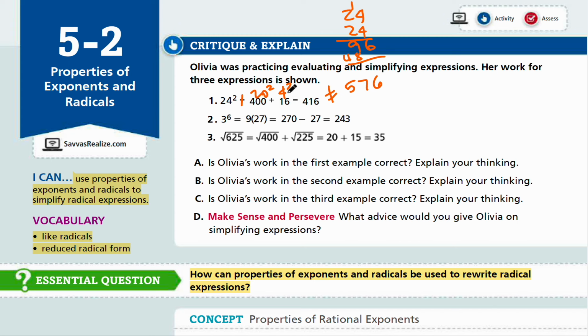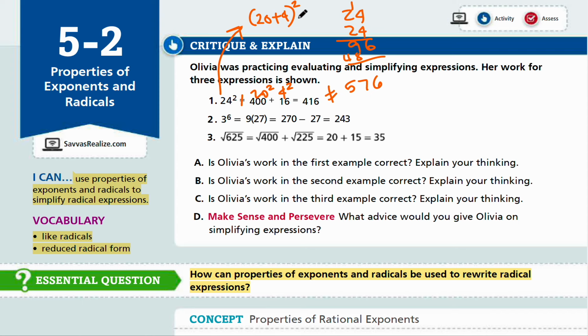She just assumed that because 24 is 20 plus 4, she can separate it like this, but the logic is false because it's 20 plus 4, all of that squared. And she thinks she can square each of the terms here. But no, you have to add first and then square because you need to solve parentheses first.